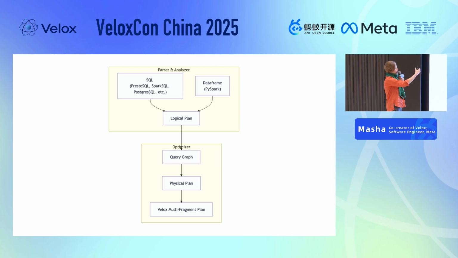The logical plan becomes the input to the optimizer, which produces a Velox multi-fragment plan. And you can configure the optimizer. You can ask it to produce either a single node plan, single node multi-threaded, or single node single-threaded, or a multi-node distributed plan where you would see multiple fragments.